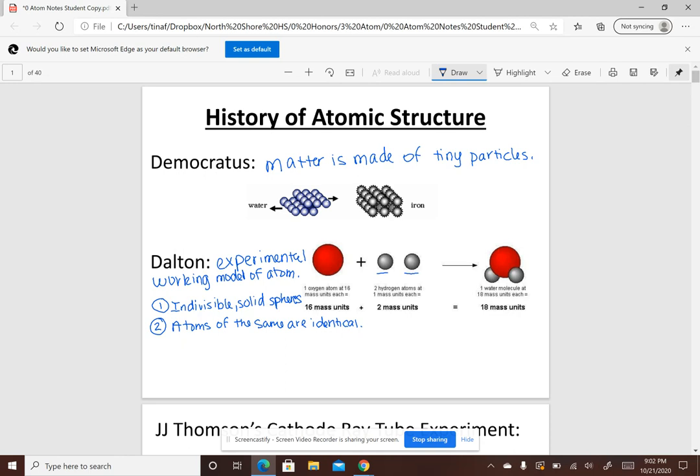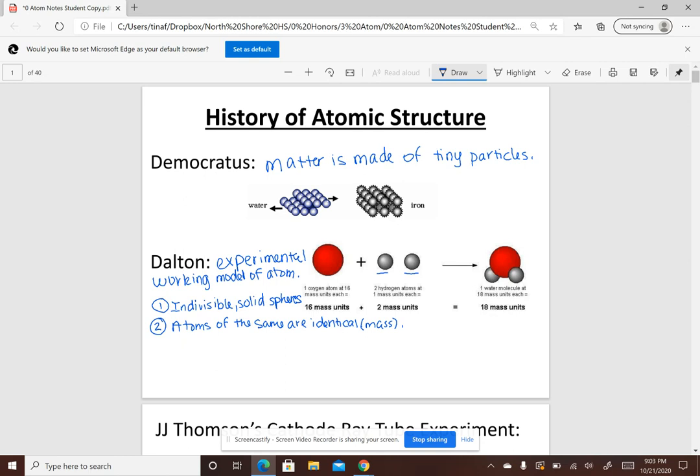Because they're both hydrogen atoms, they are identical in mass. He actually did his research by studying mass. So he thought if they were atoms from the same element, they must be the same exact size. Neither one of these first two parts of this theory are actually true today, but we will get into that later on.